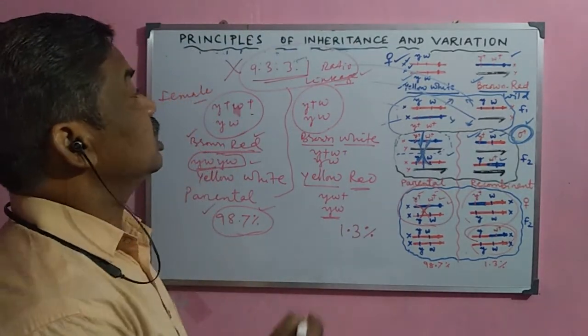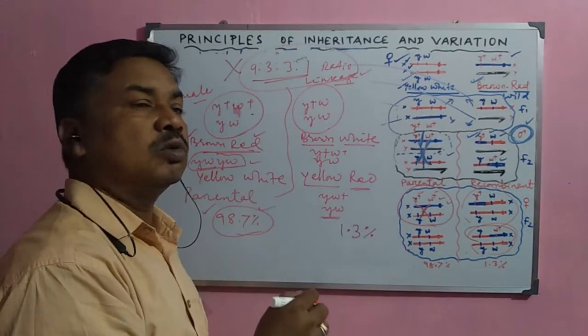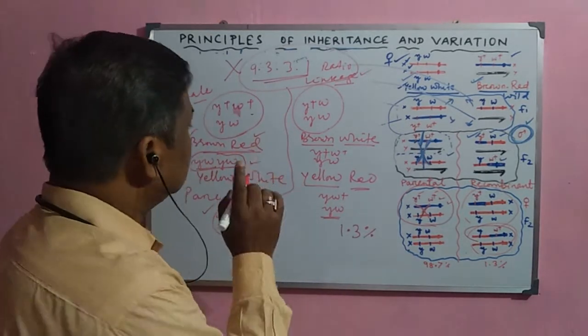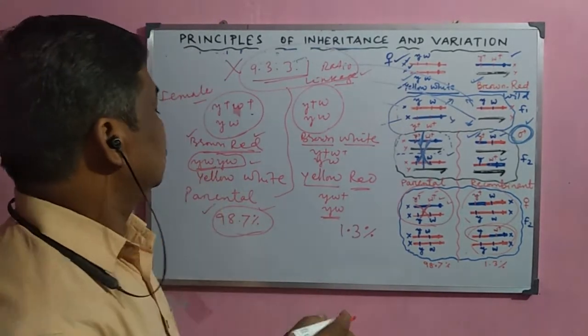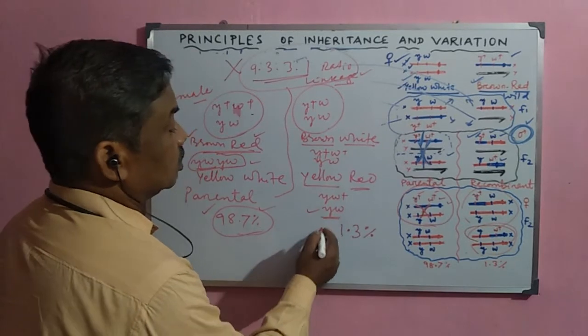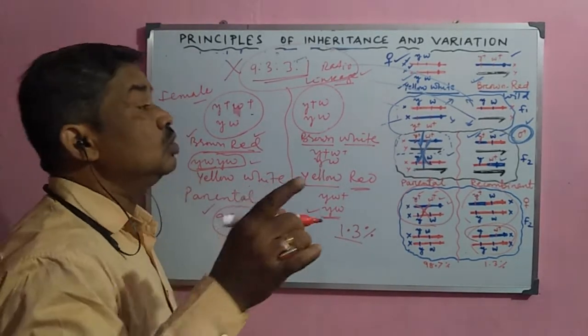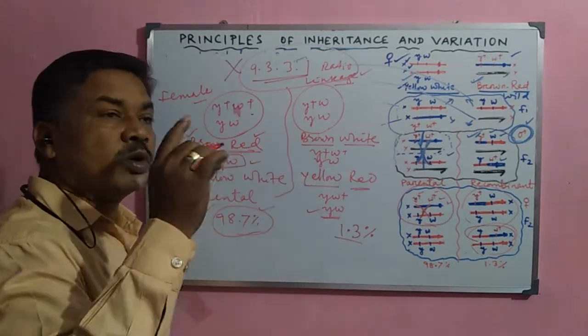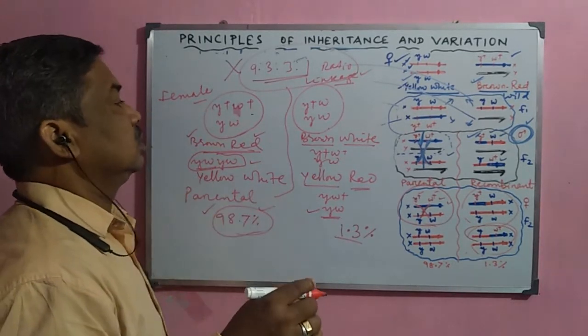That is why independent assortment was there, and the 9:3:3:1 ratio was observed by Mendel. But here this ratio was not observed by Morgan, and some new recombinants were observed in the F2 generation due to this crossing over and formation of the new recombinant by the process of recombination.